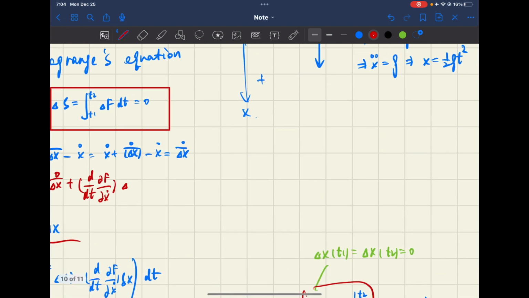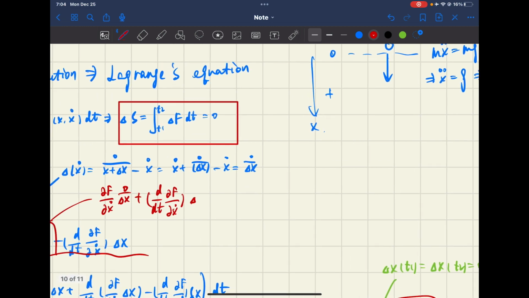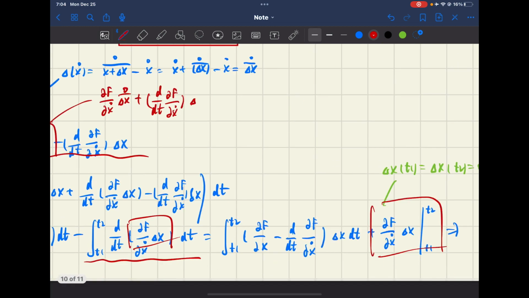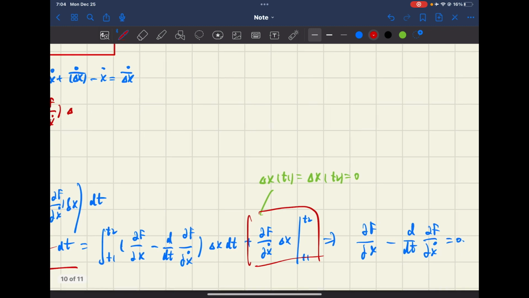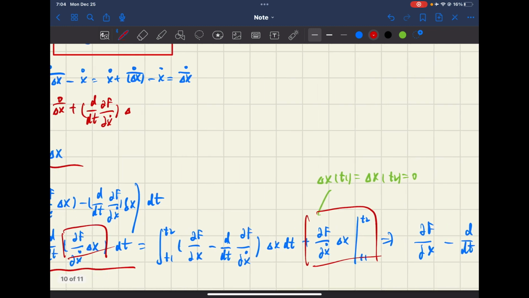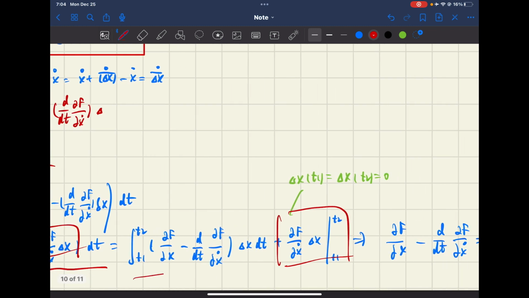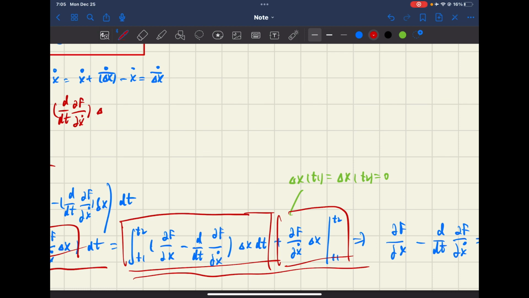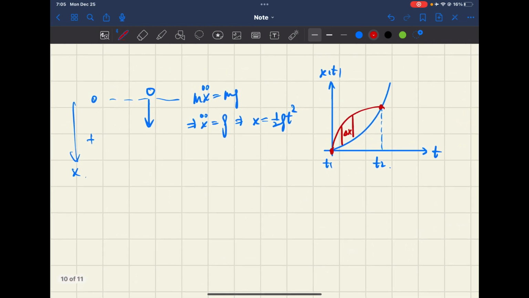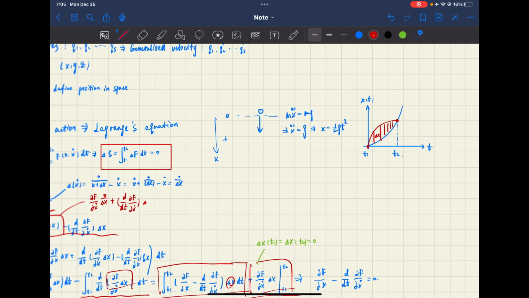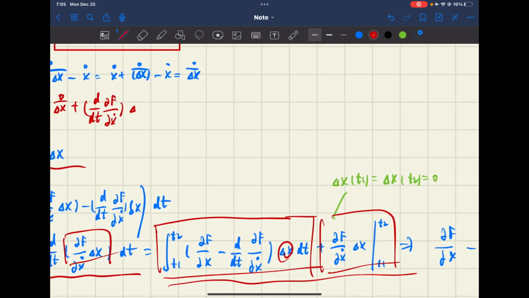And from the principle of least action, the increment of S is equal to 0. So this term is equal to 0, and also this whole thing is equal to 0. So the first term here must equal 0. Delta x varies in the graph, taking different values of delta x.